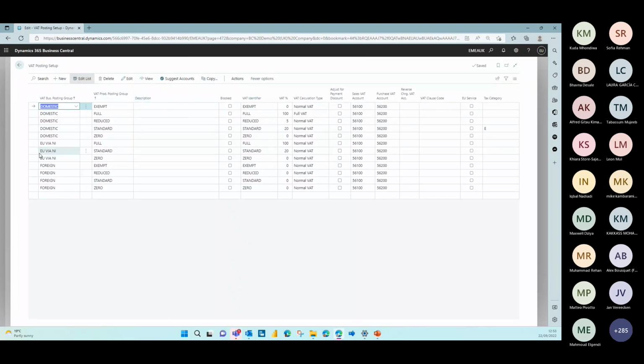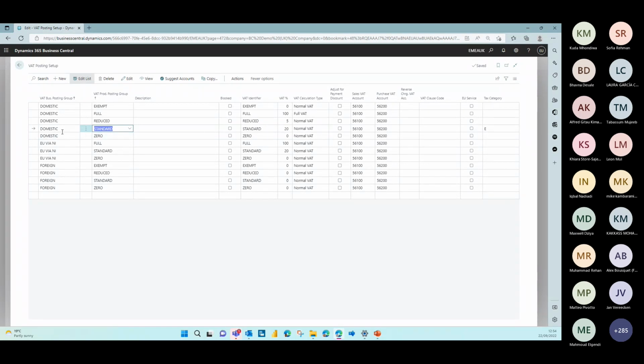Because I've said all these, the VAT business is from the vendor or customer. The product is always on the item. So even though I've got the same item as I showed you, Microsoft was domestic. The item set up as a default was standard. It calculated the 20.